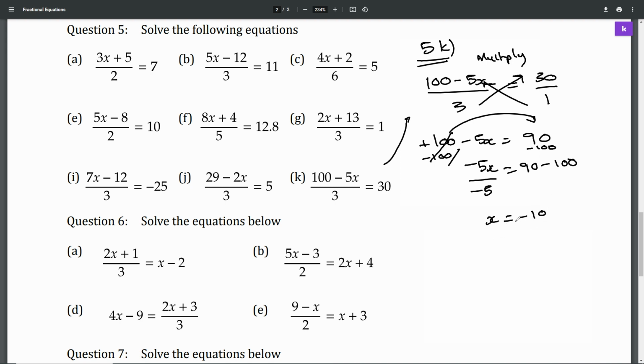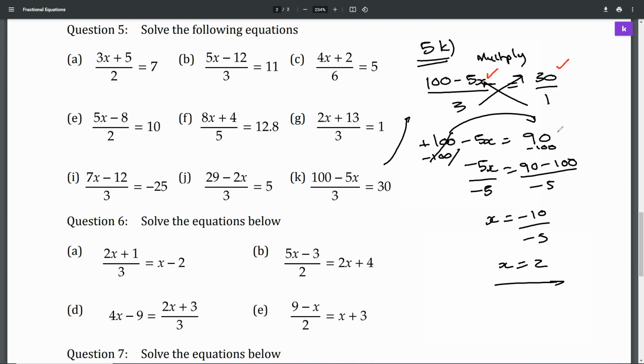So if I got negative 10 divided by negative 5, x should equal 2. Okay, let me just double check that for any errors. Firstly, did I write this question correctly? Yes, I did. It's equal to 30.